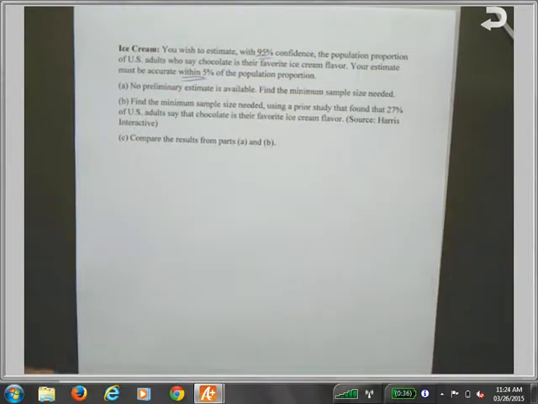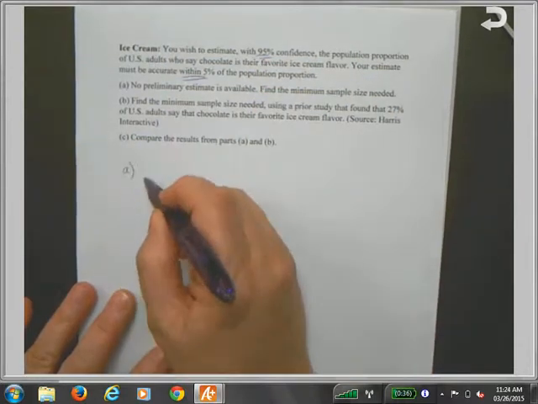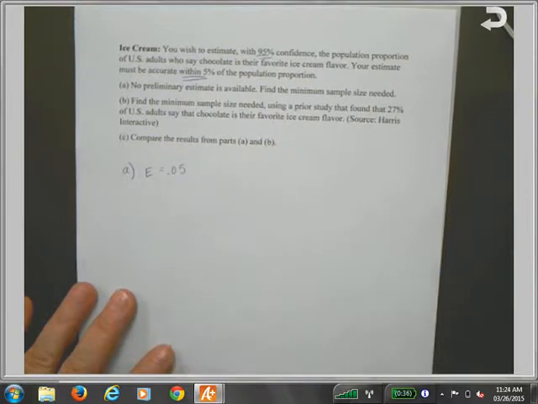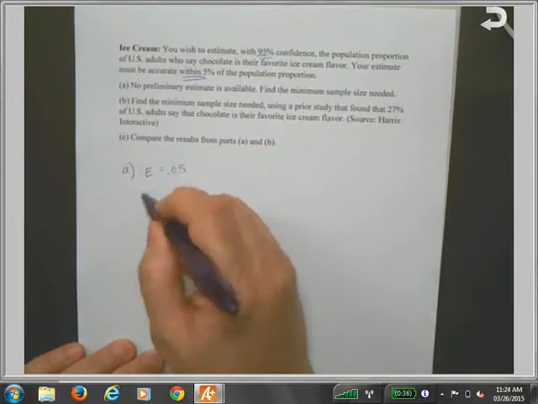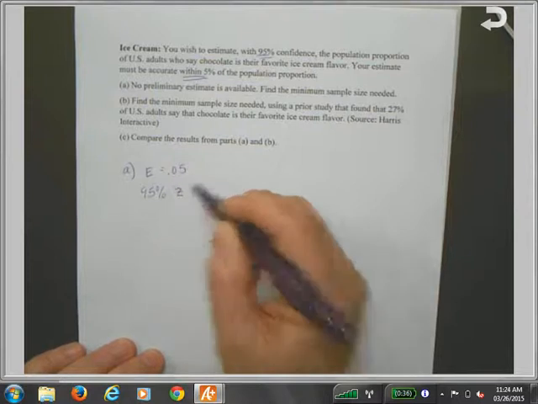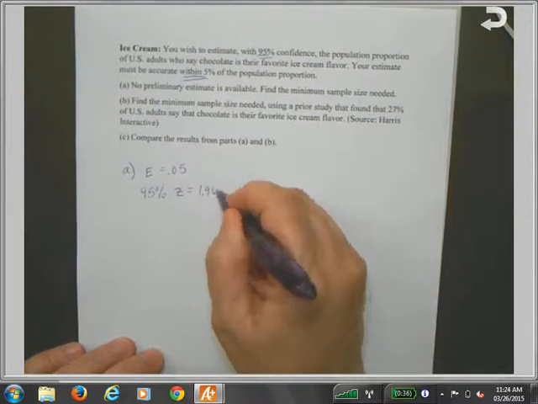So I know, first of all, that my margin of error E is going to be 0.05. And with 95% confidence, I already know, I could look it up again, but I already know that's 1.96. You'll get to where you are familiar with some of these numbers.